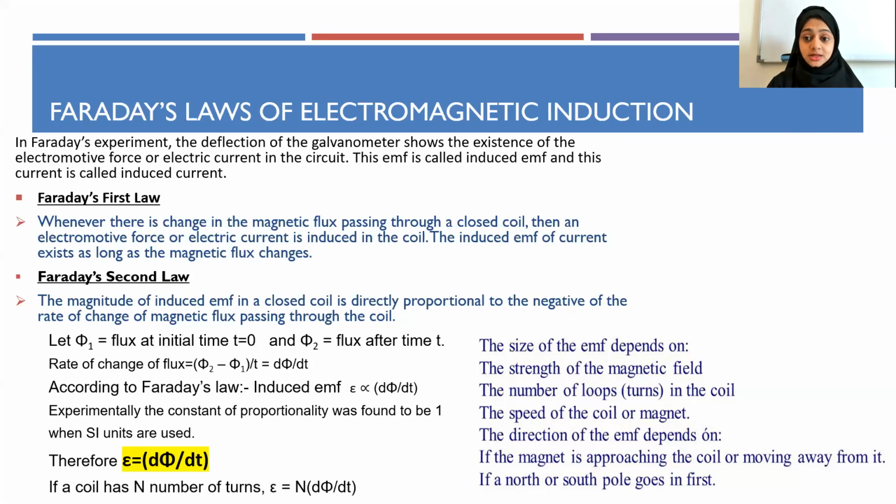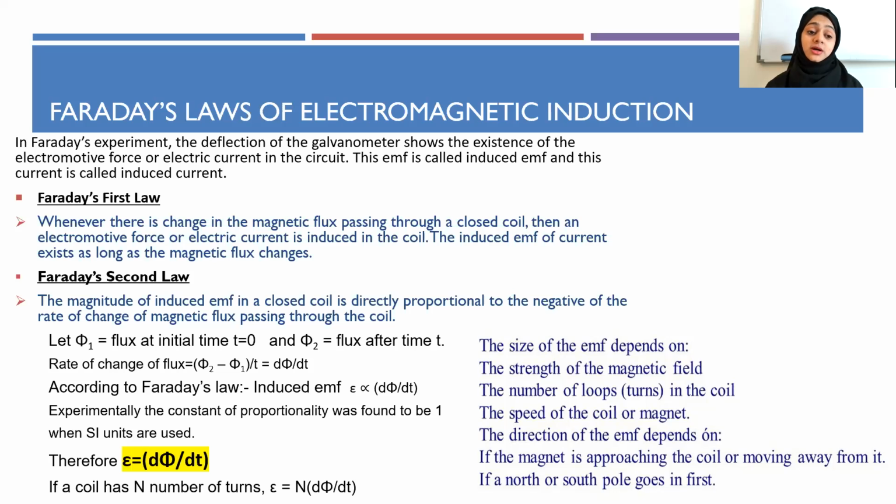We saw three experiments yesterday, remember? In those experiments, the deflection of the galvanometer shows the existence of electromotive force, which means EMF. At that time, voltage or potential difference was not a commonly used term.